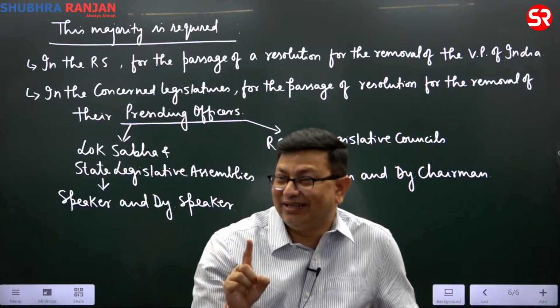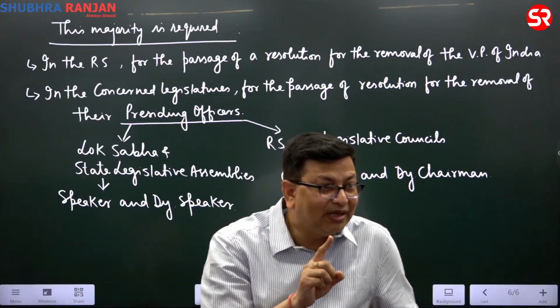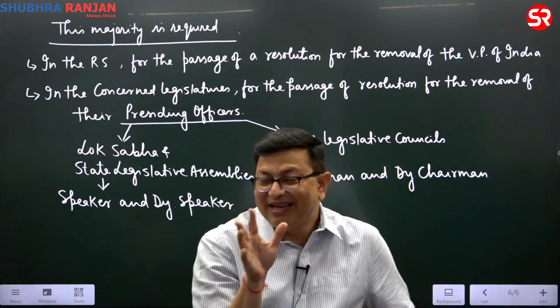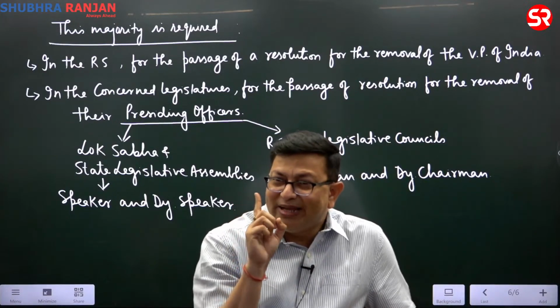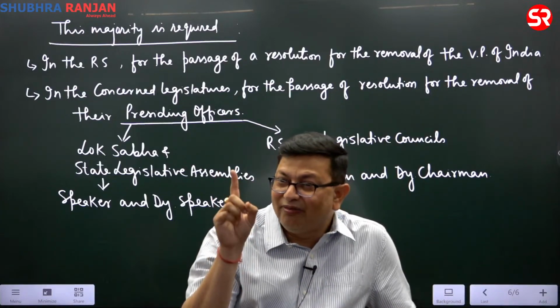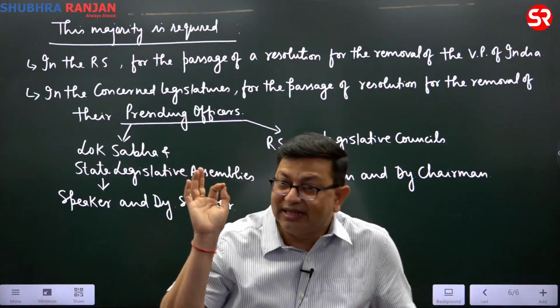That is the logic here, because he is the presiding officer of the Rajya Sabha. In layman's terms, effective majority will be required in the concerned house for the removal of the presiding officer. This is the key word.